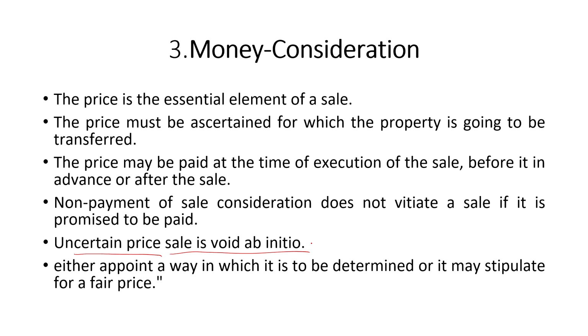That means where the price is not certain, not very clear, in that case it will not take effect. So, that contract is completely void. The next point is that the agreement must either state a way in which the price is to be determined or stipulate a fair price. At least there must be some calculation within the agreement itself.